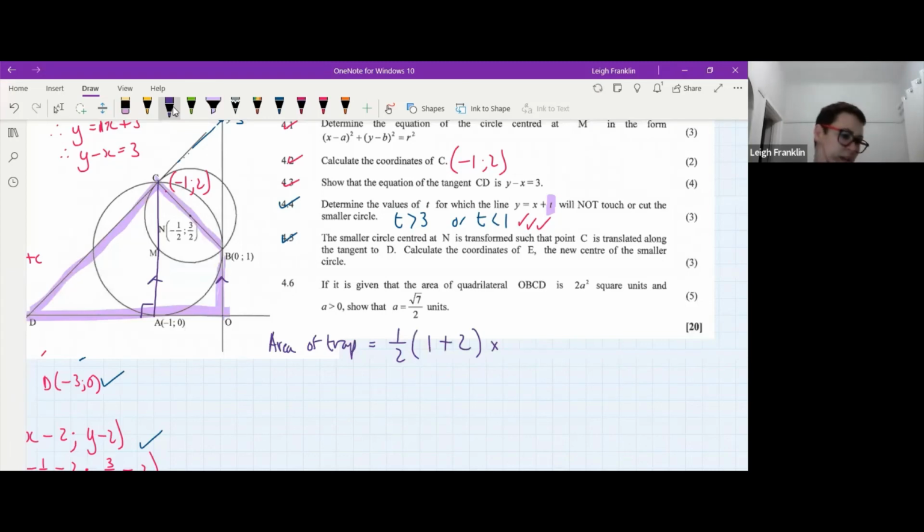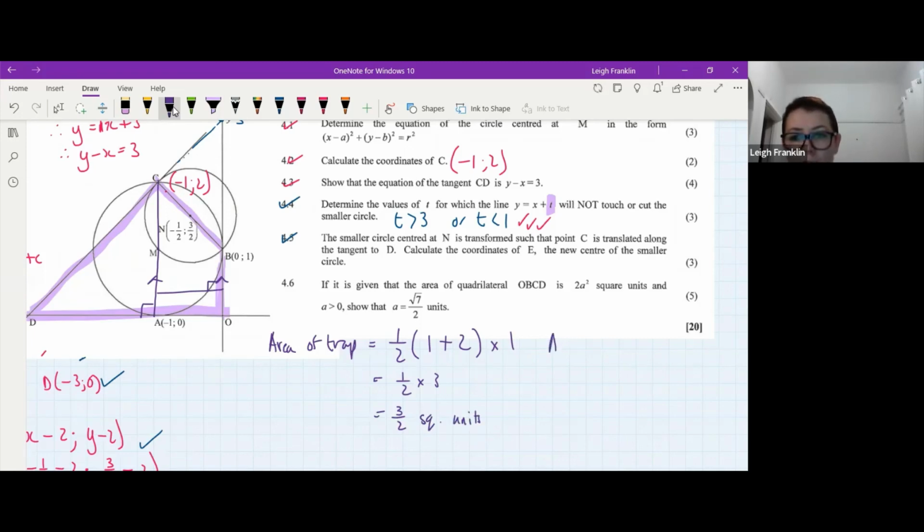And the perpendicular height in this case would also be 1 unit, wouldn't it? Because the perpendicular height is the distance between O and A, so that would be 1. So this gives us 1/2 times 3, so that gives us 3/2 square units as the area of the trapezium.